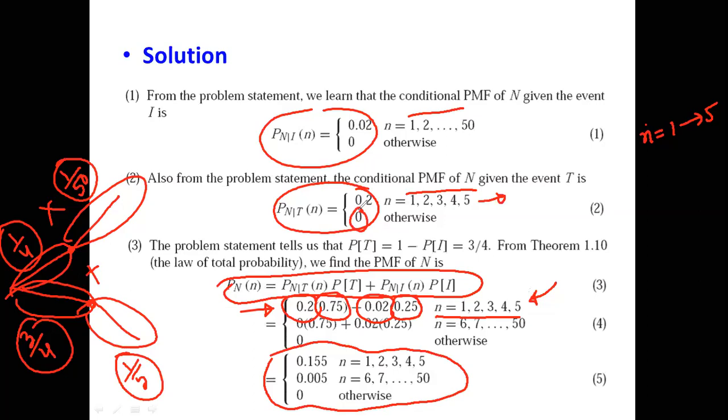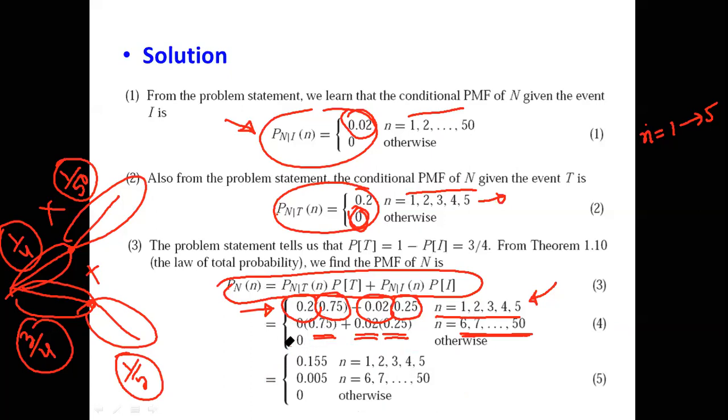So when the value of n equals 6 to 50, this conditional probability will have a probability, but this will have 0 probability. So the value is, like the previous one, 1 by 4 into 1 by 50 plus 3 by 4 into 0, and that will be equal to this 0.